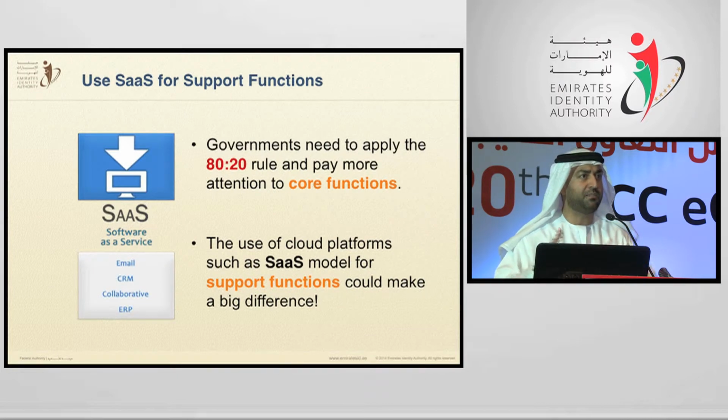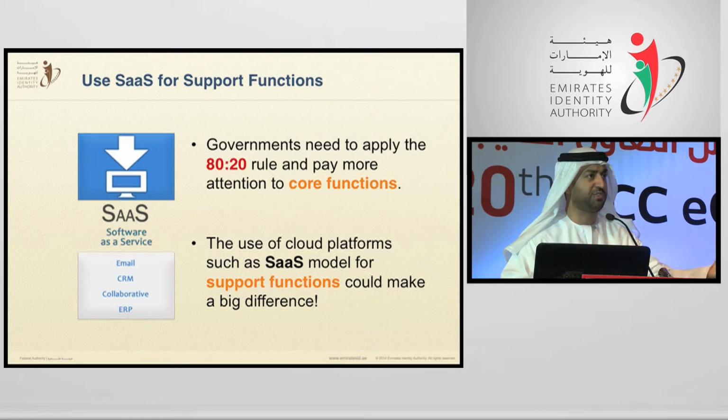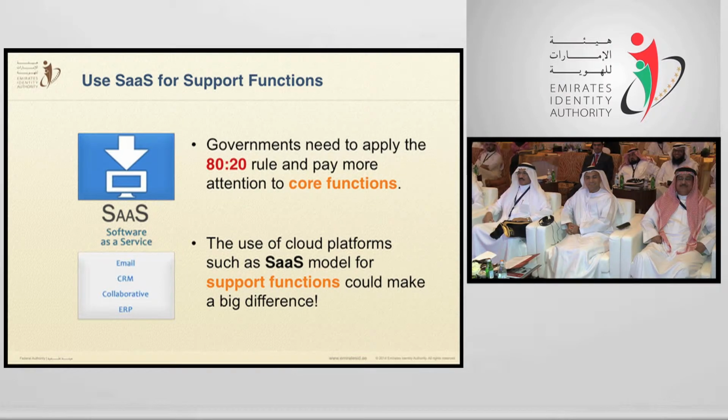Basically, in practice, when we go to government organizations, they tend to focus more attention on the support functions, setting up ERP systems, email systems, CRM systems, collaborative systems, and so on and so forth. If we apply the rule of 80-20, you see that government organizations pay more attention to support functions and developing environment support capabilities.